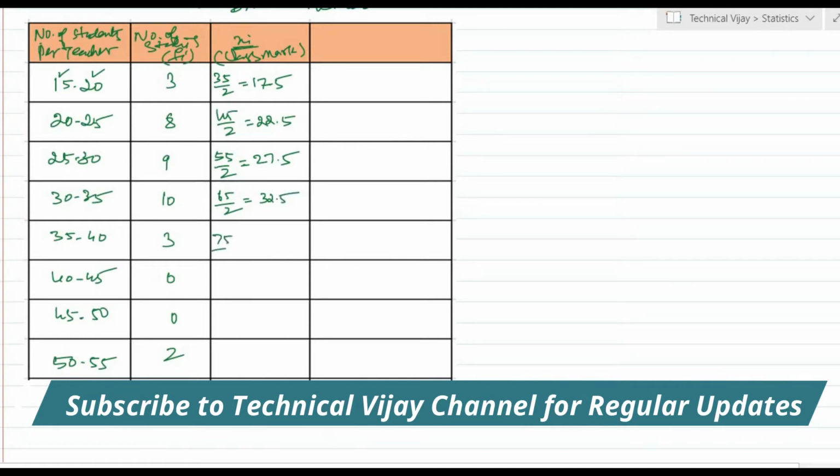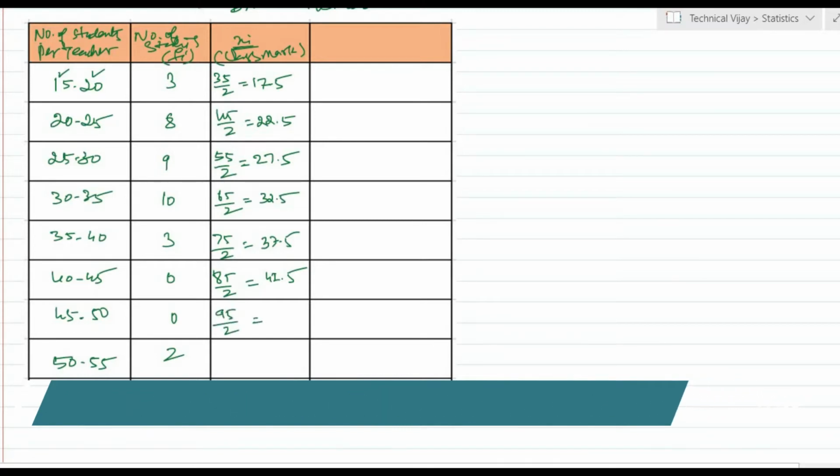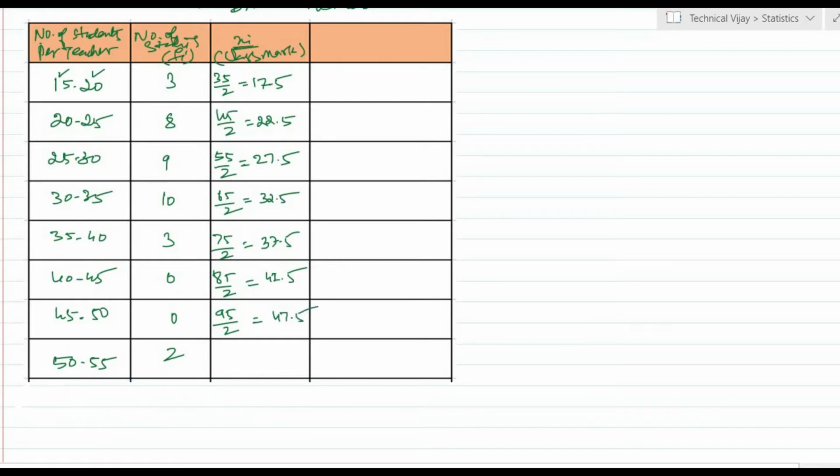And 75 by 2 is equal to 37.5. And 85 by 2 is equal to 42.5. 95 by 2 is equal to 47.5. And 105 by 2 is equal to 52.5.